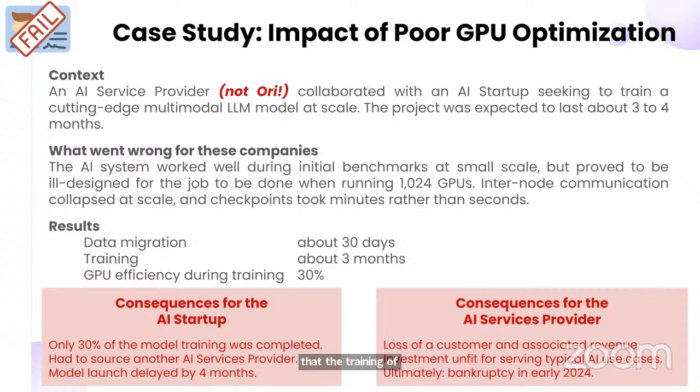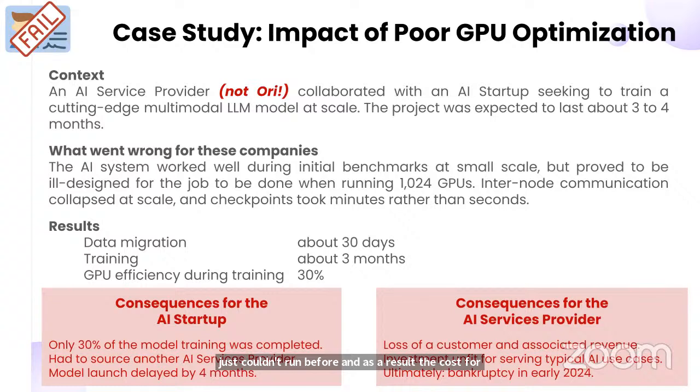And in order to complete that project, they had to go back, find another service provider. They had to go back to procurement, sign another contract, and rerun essentially most of the training job that they just couldn't run before.